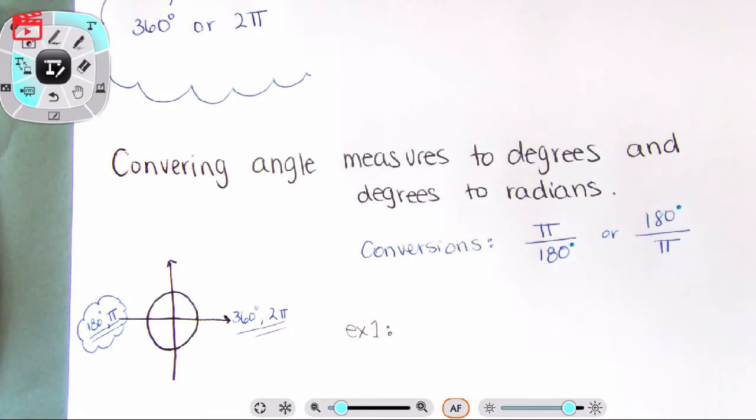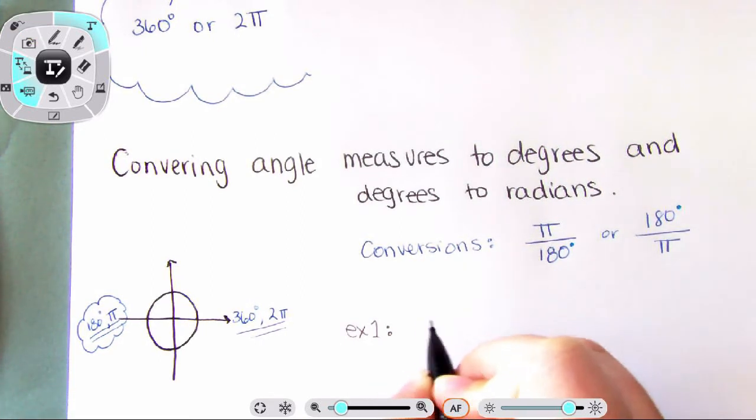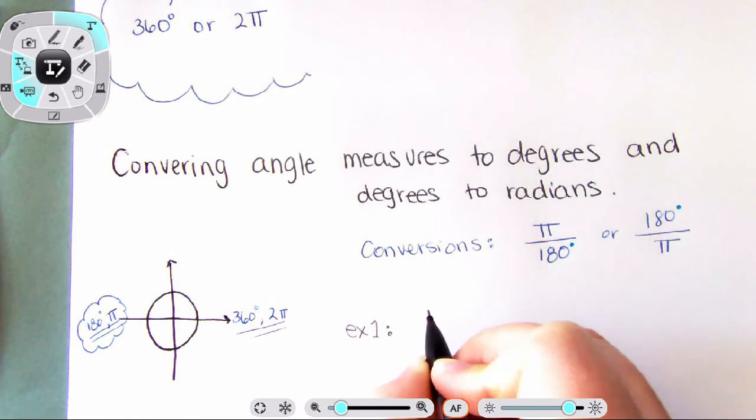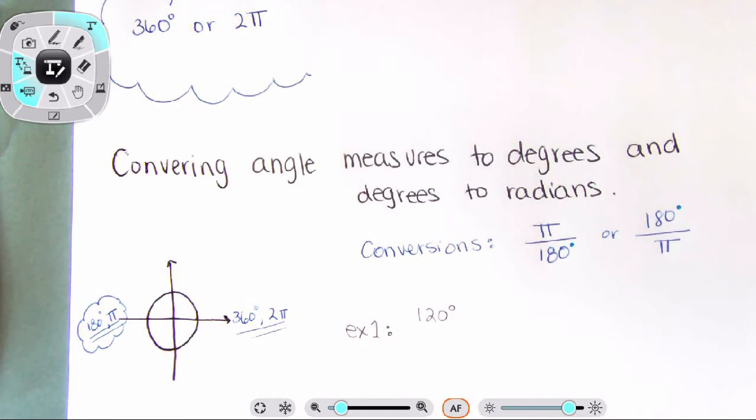Okay, let's do something. Since we didn't have a calculator, and we will not have a calculator on this section of the quiz and the test, I'm going to choose pretty numbers. So let's say we have, oh, I don't know, let's do 120. I guess 120 is my number for this video. And we're going to try to convert 120 degrees to radians.